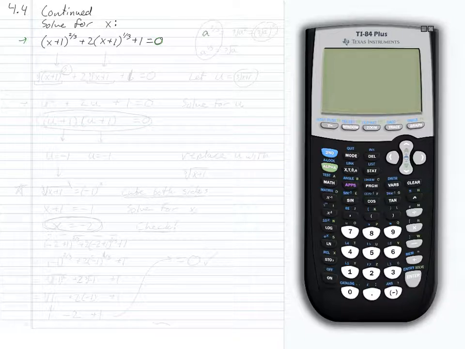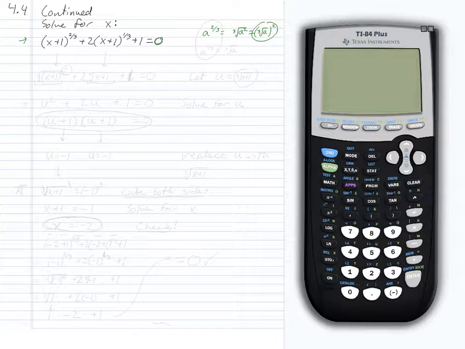Remember that a to the 2/3 is the same as the cube root of a squared, or the cube root of a all squared. This is the translation that I find most useful in this case.